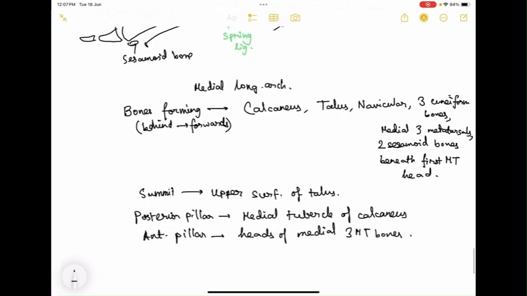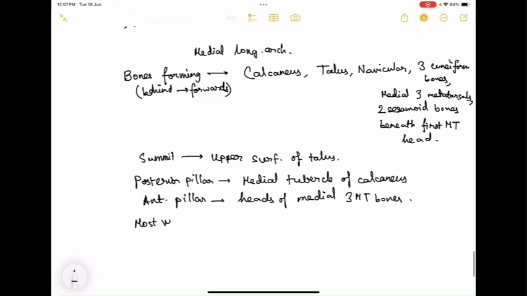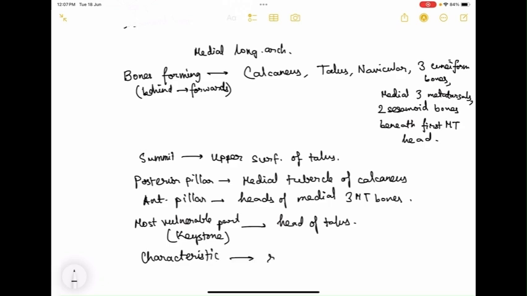Now, the most vulnerable part, or you can write keystone, is the head of talus. The characteristic of this arch: resiliency.